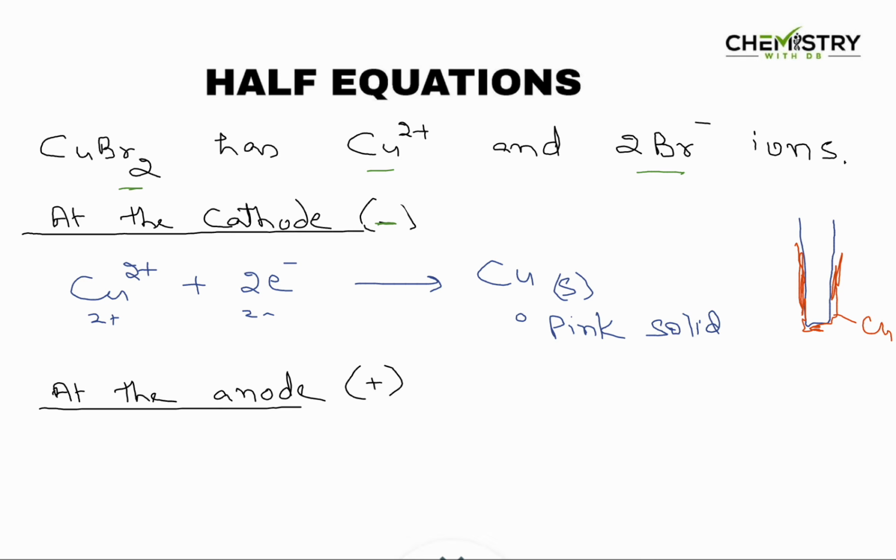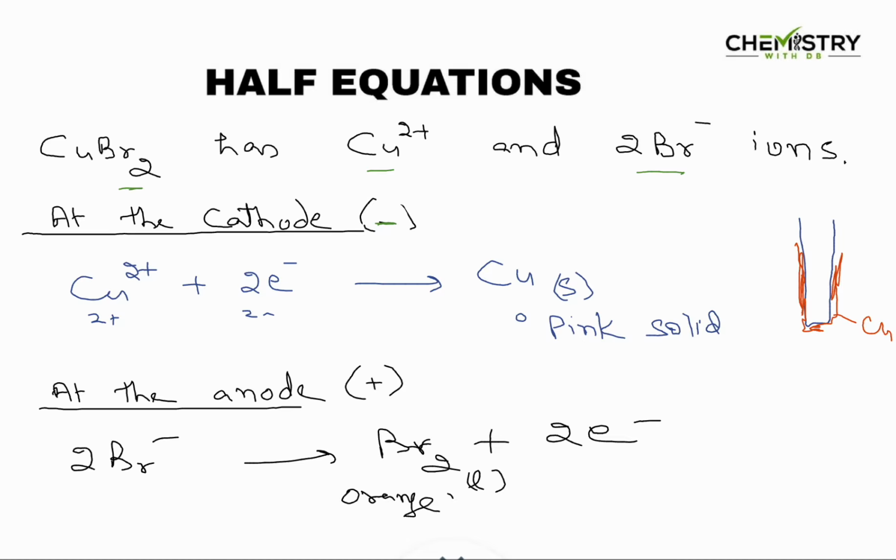At the anode, on the other hand, these 2 bromide ions will go to the positive anode, and there they will lose 2 electrons to form bromine liquid. This bromine is an orange colored liquid.